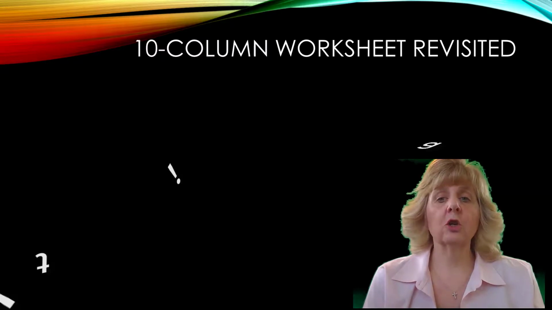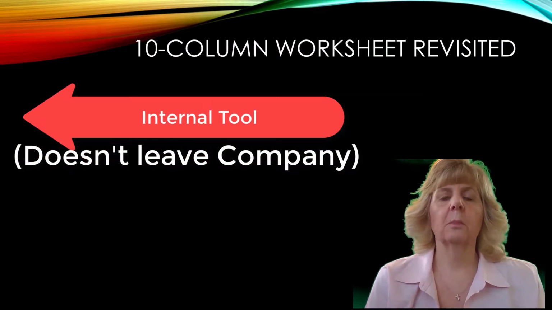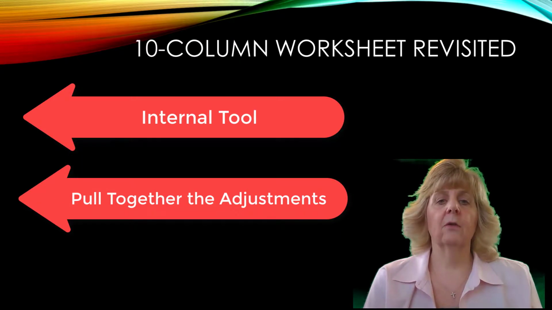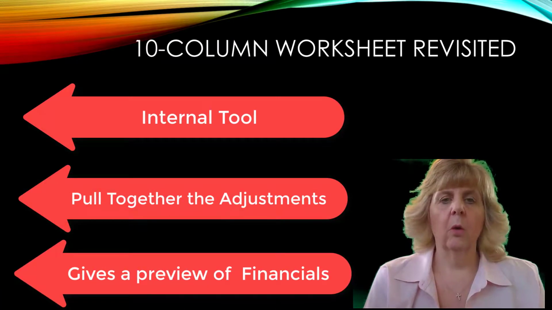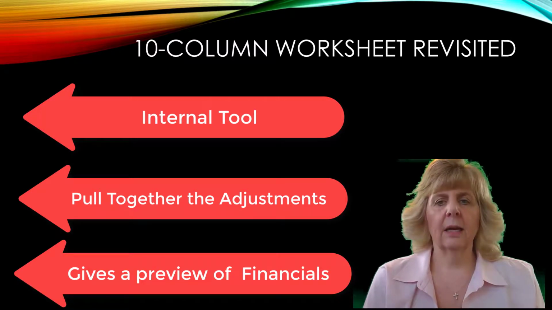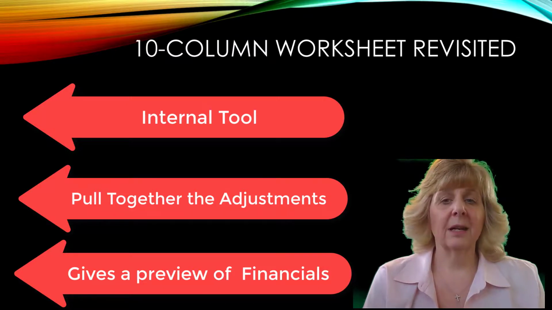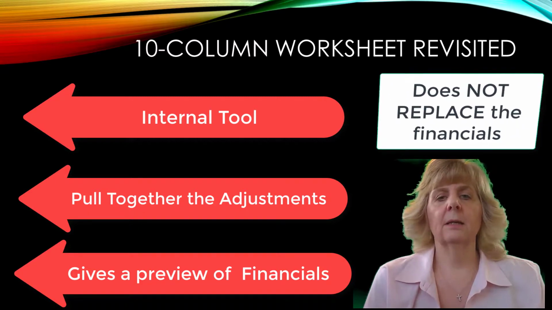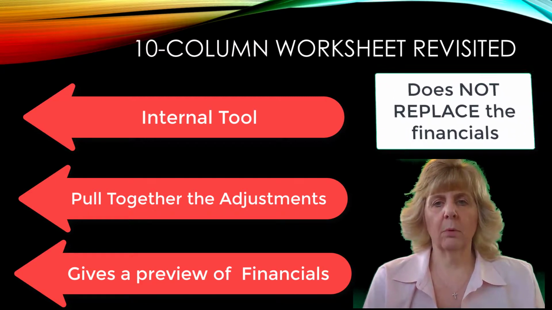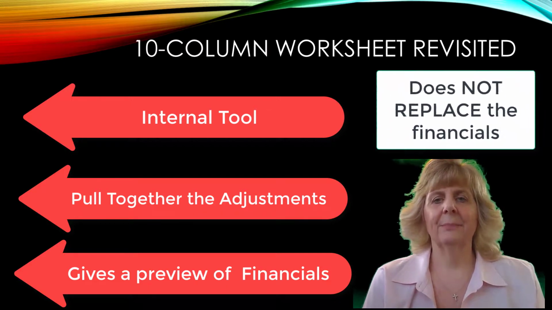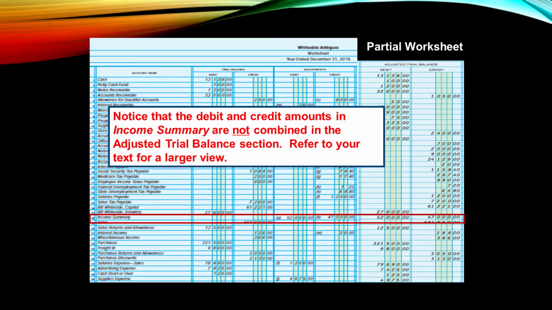It is an internal tool used to pull together all the adjustment data and then to give a preview to the owner of his net income or loss, and also a glance at the balance sheet. Just like we learned last time, it doesn't replace the financial statements. It simply is a look-at-a-glance type of tool so that the owner has a preview of what's ahead.